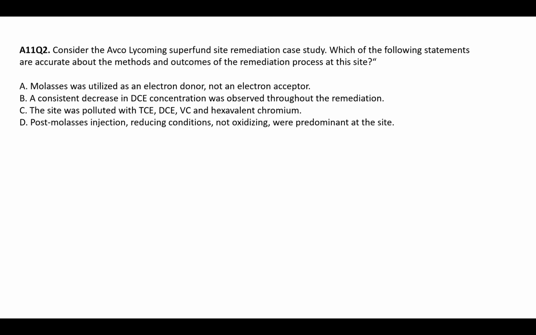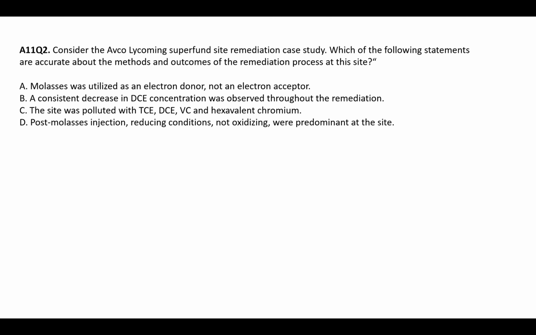DC initially increased from 7 to 100 micrograms per liter after 10 months of treatment, and then it decreased to 19 micrograms per liter. An increase in DC concentration was observed because TC, that is trichloroethane, was getting dechlorinated from trichloro to dichloro. That's why the concentration of DC was increasing.